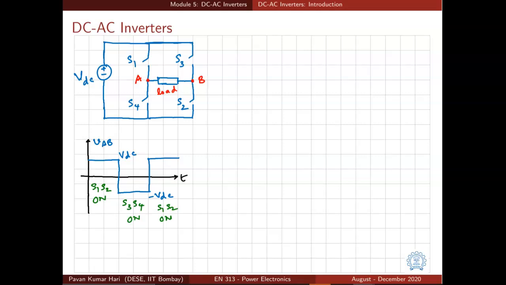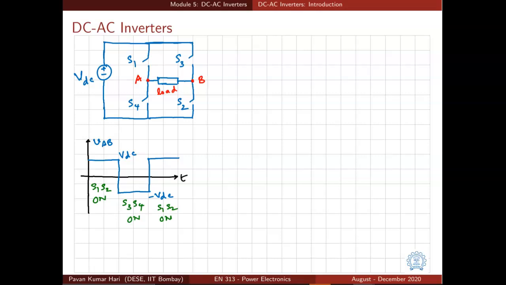So we will keep S1, S2 on together for some time and S3, S4 on together for the same amount of time, because if you keep S1, S2 on, the output voltage VAB will be equal to VDC, and if you keep S3, S4 on, the output voltage will be equal to minus VDC. So VDC and minus VDC applied for equal intervals will cause an AC voltage to be applied across the load. That means a voltage having zero average value is being applied across the load.